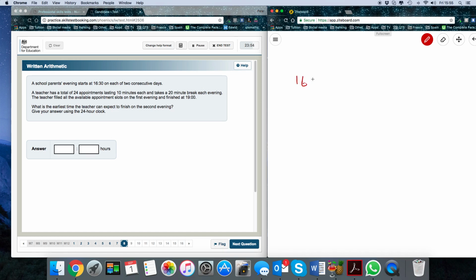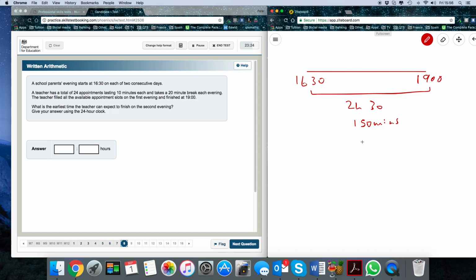So what you've got to do is a timeline, and on the first evening you start at 16:30 and you are going to finish at 7 o'clock, 1900. So we work out how many people we're going to fit in. There's a couple of ways of doing this, but I would probably say, right, this is 2.5 hours, which is 2 hours 30, and converted into minutes, it's 150 minutes.